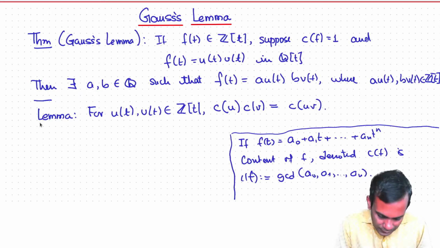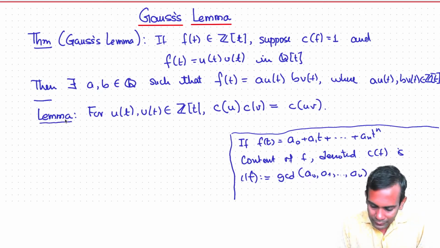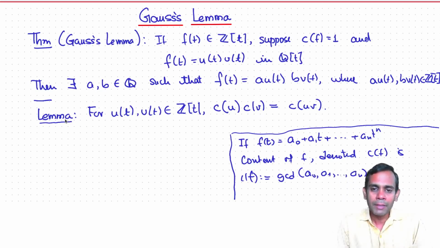Now, to prove this lemma here, we can assume that the content of u and v is 1, because if the content of u is not 1 or the content of v is not 1, then we can divide u by its content and get a polynomial with content 1. Similarly, we can divide v by its content and get a polynomial with content 1.